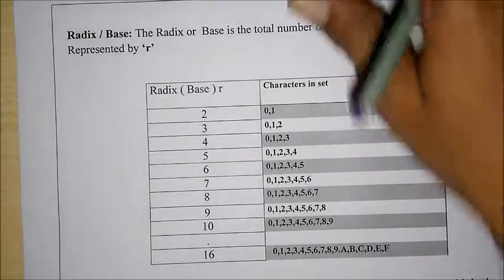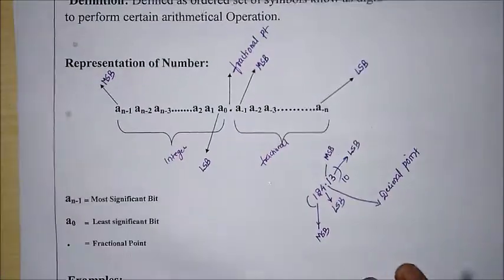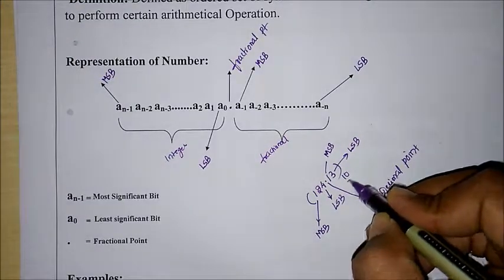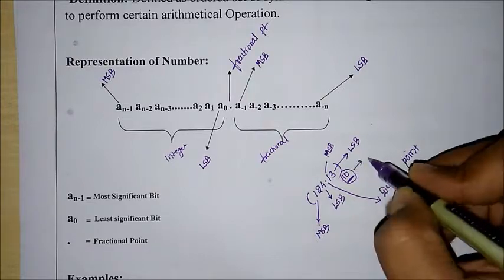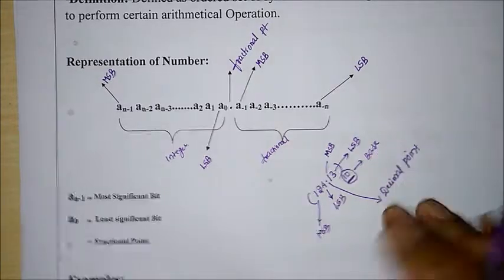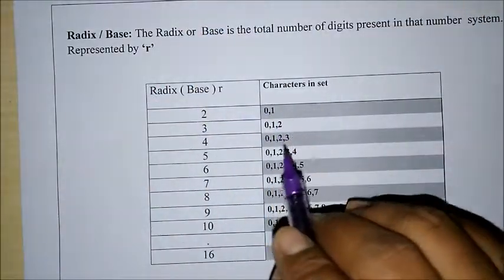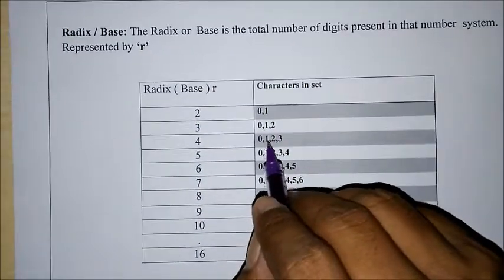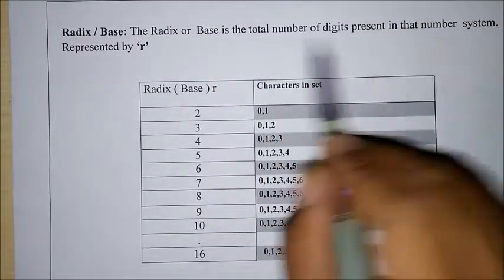Now, before going to all the other number systems, first we need some information for representing a number: the base of the number. What exactly is the radix or base of a particular number system? The radix or base, represented by small r, is the total number of digits present in that particular number system.